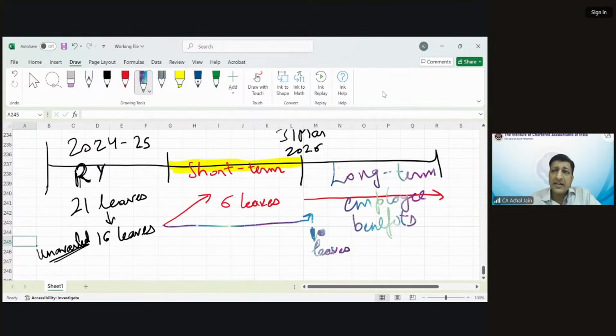I think it's quite simple. Aditya, I'll come to your query quickly. What will be the accounting treatment of these 16 leaves?